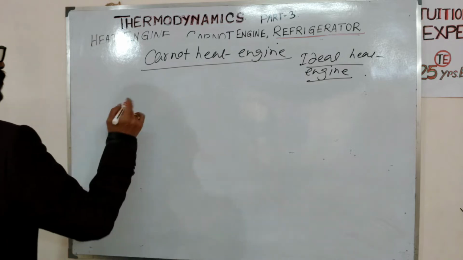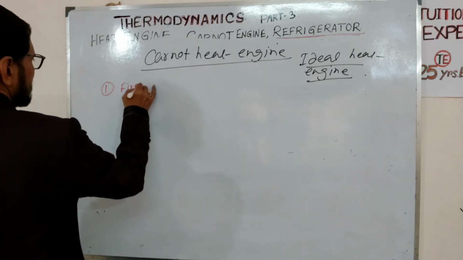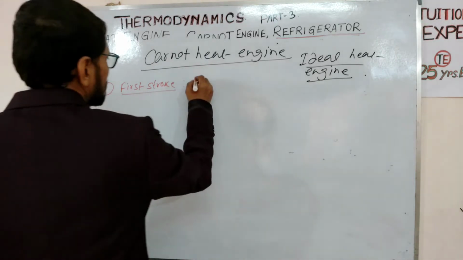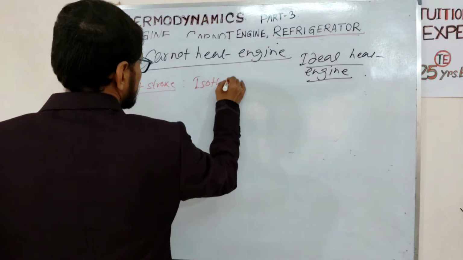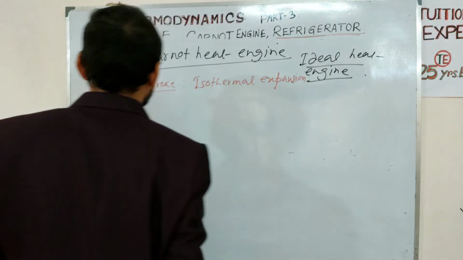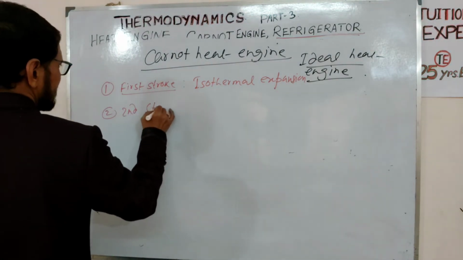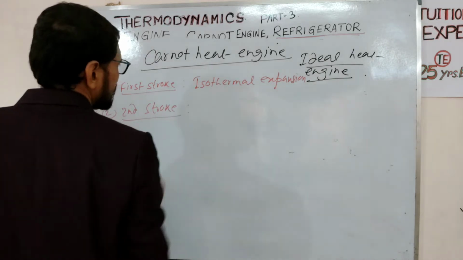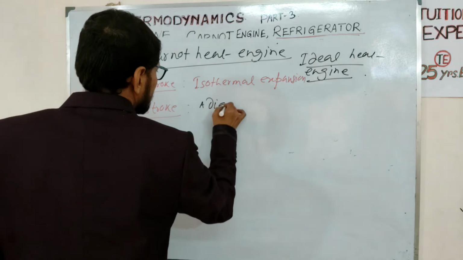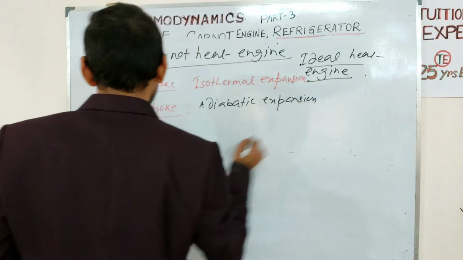Here you have to remember the 4 strokes. The first stroke is called isothermal expansion. The second stroke is called adiabatic expansion.